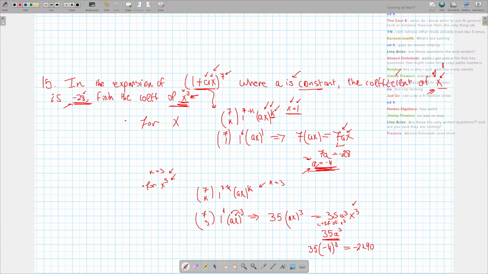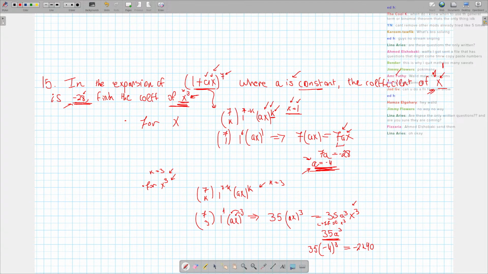What is Bo solving? This is past written, last year's written. I got sent a file. Yeah, I have that file as well. This is why I quit math. Too many sweats. We need to make Fortnite customs. Are these the only written questions? Are you sure they are coming? I'm telling you, I'm not sure these are coming 100%. I'm saying this is last year's written.